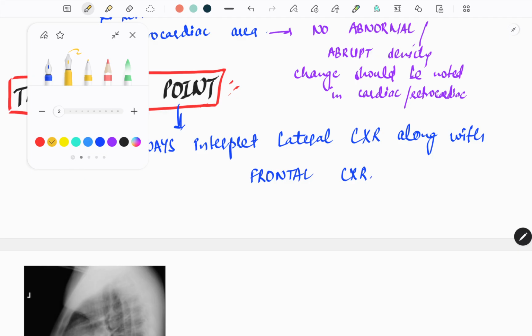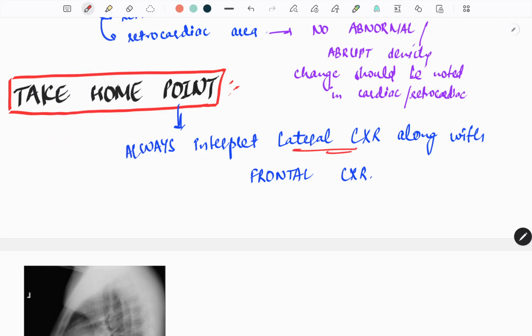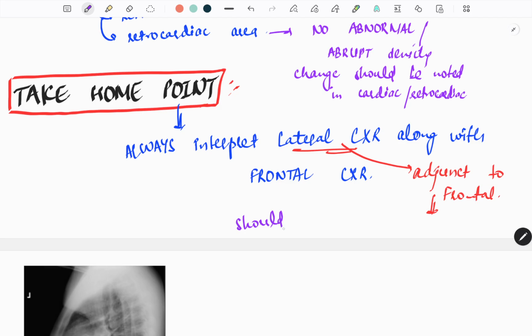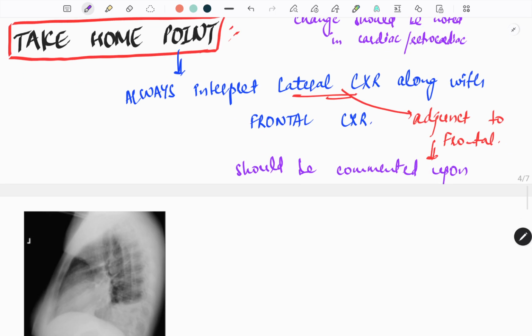The lateral chest X-ray is only an adjunct to the frontal chest X-ray. It should never be commented upon individually.